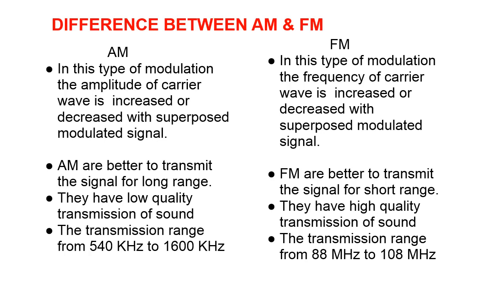AM, amplitude modulation, is better to transmit the signal for a long range, while FM is better to transmit the signal for a short range. AM has low quality transmission of sound, and FM has high quality transmission of sound.